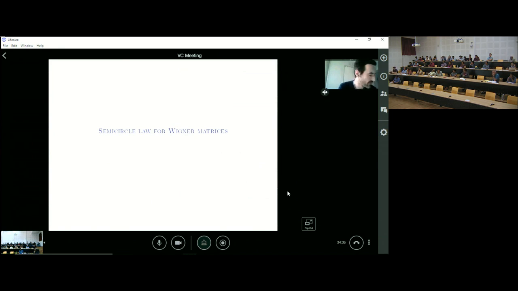So in most of what remains, I will give you the original proof of Wigner of the semicircular law. Probably most of you have seen it, but I will use this proof to introduce some definitions, and it will be useful for the sequel.